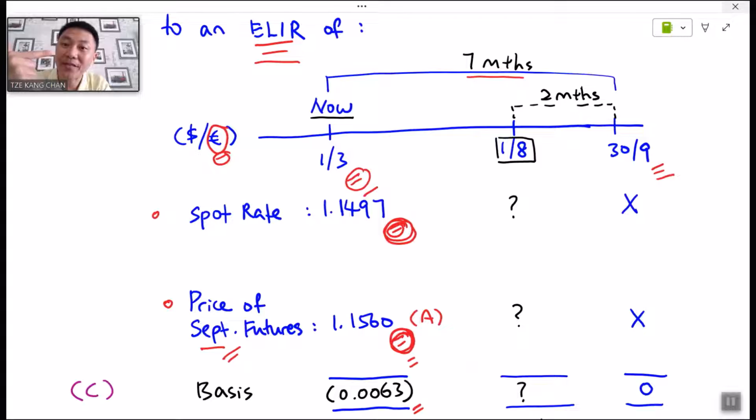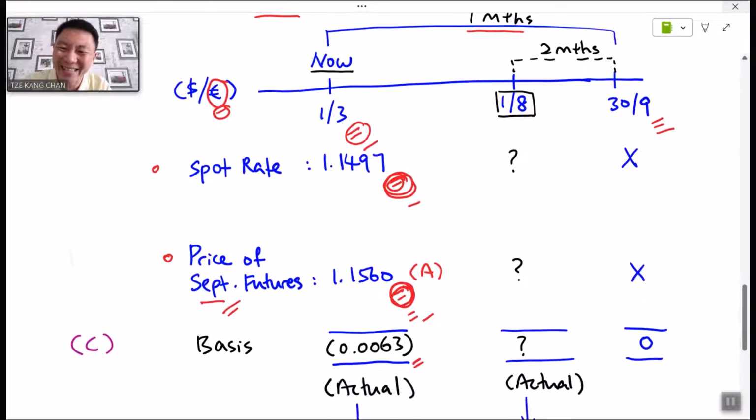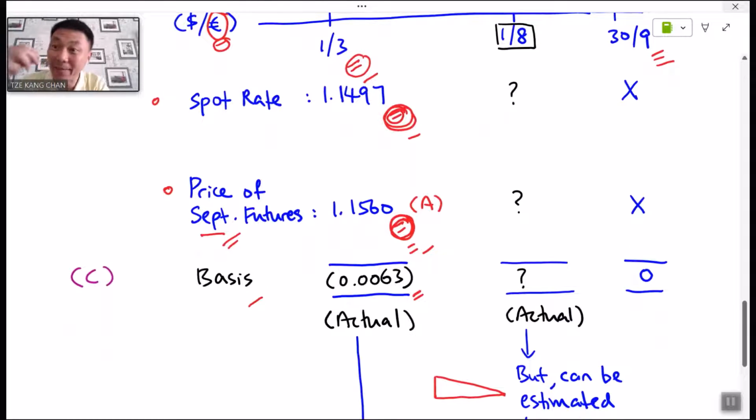Because of the timing difference, it is natural that we expect to see a difference in the prices, as the two points in time will derive the value based on different factors that people will consider. The difference in these two prices is therefore named the basis. Given that both prices are the actual data provided in the question, this basis is the actual basis.